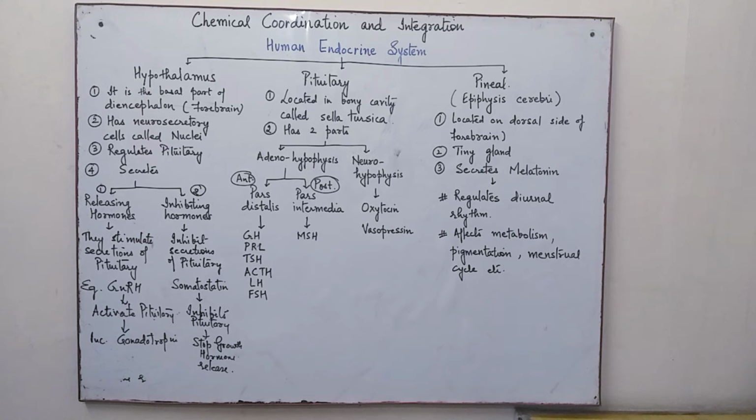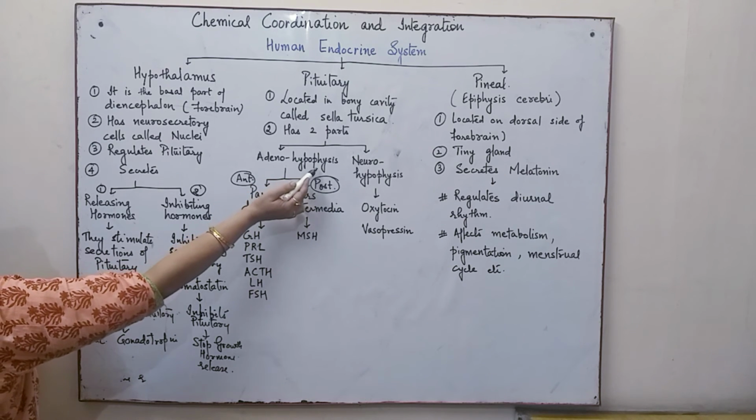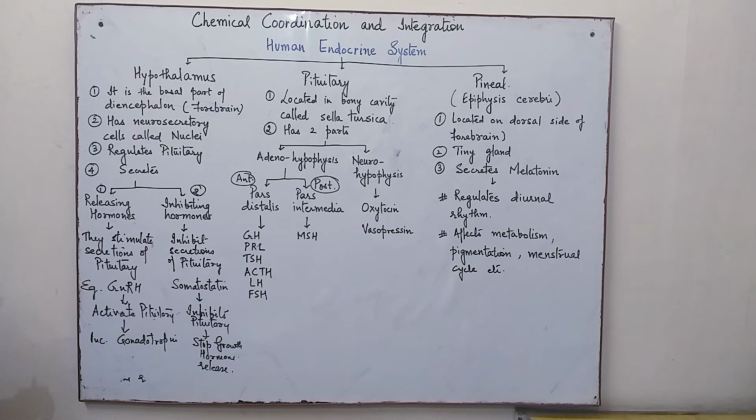So, stalk is a narrow connection between the hypothalamus and the pituitary gland, and it is divided into two major parts, that is adenohypophysis and neurohypophysis. So, these two portions form the pituitary.